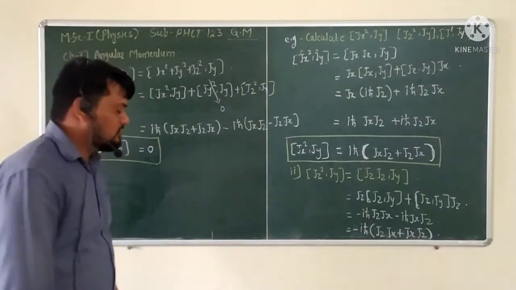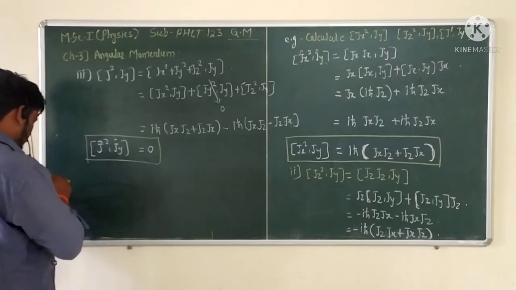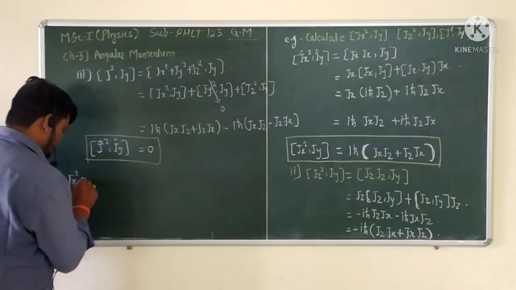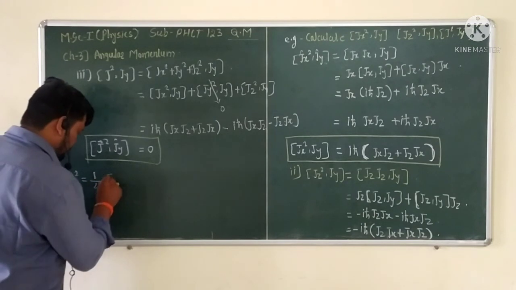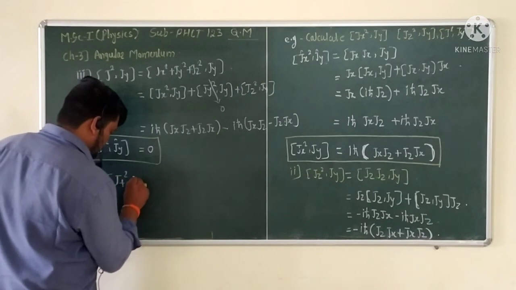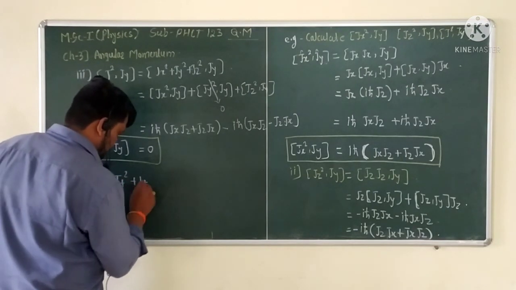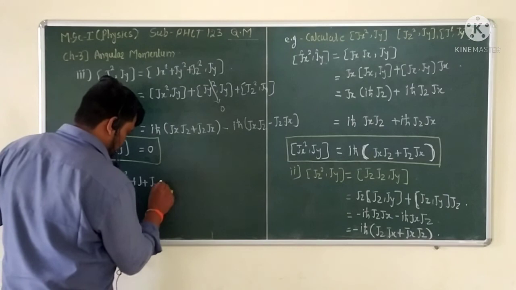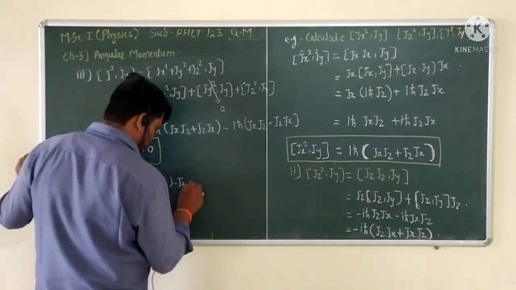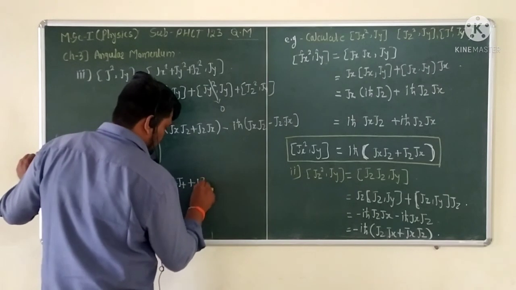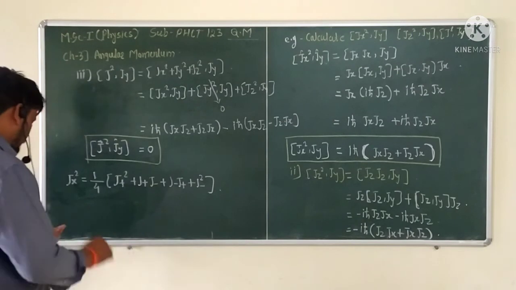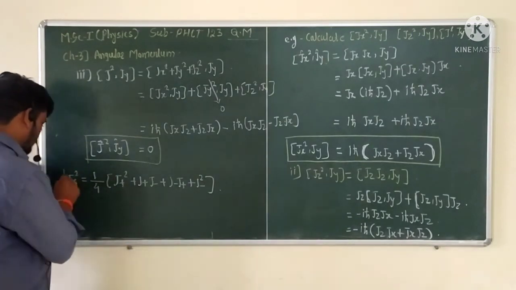The value of Jx² is 1/4 in bracket (J+² + J+J- + J-J+ + J-²).